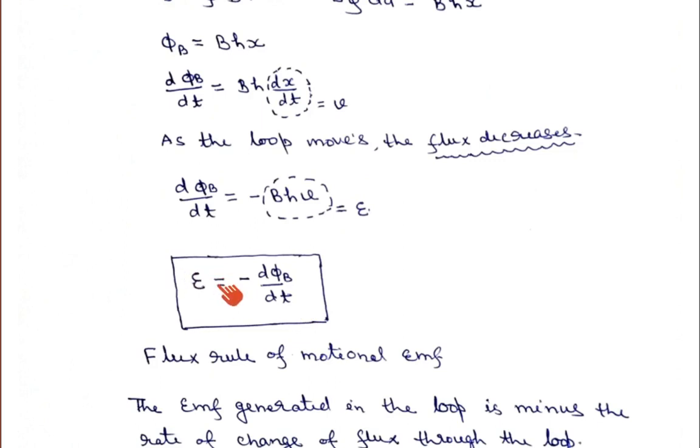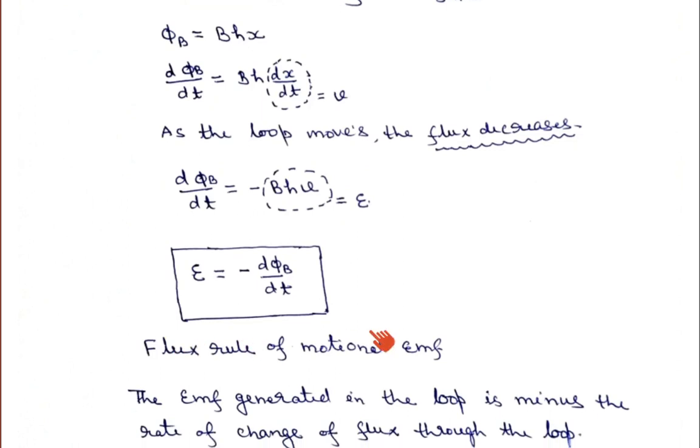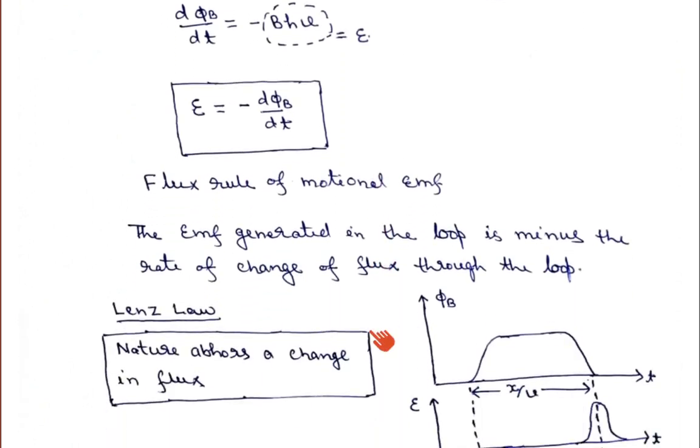That is, EMF is equal to minus d phi upon dt, and this rule is known as the flux rule of motional EMF. That means the EMF generated in the loop is minus the rate of change of flux through the loop.